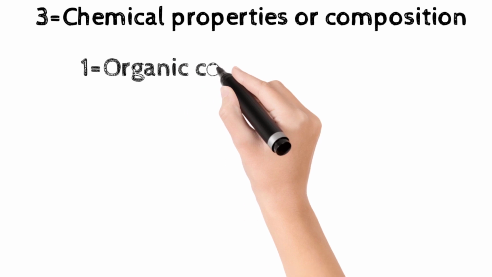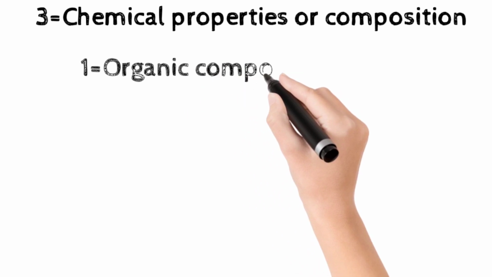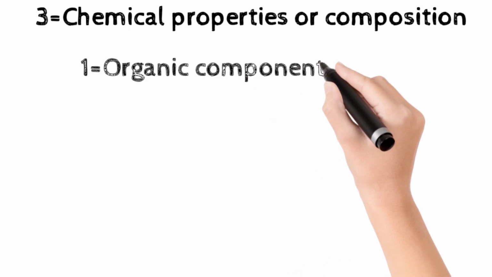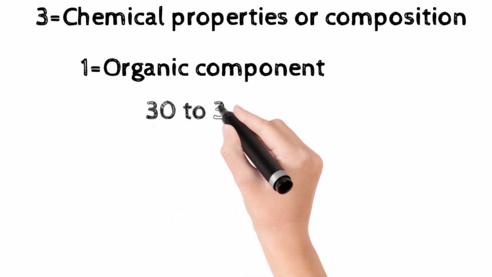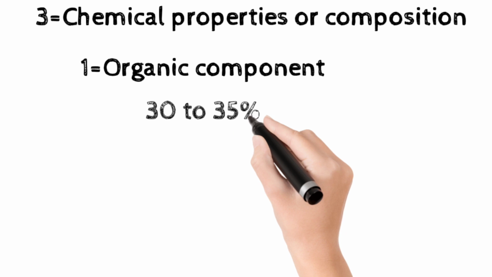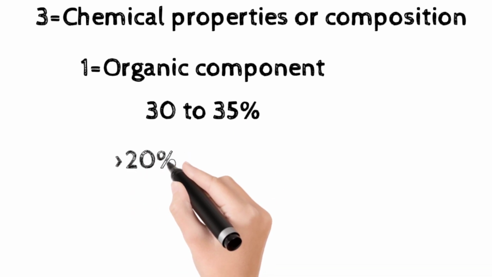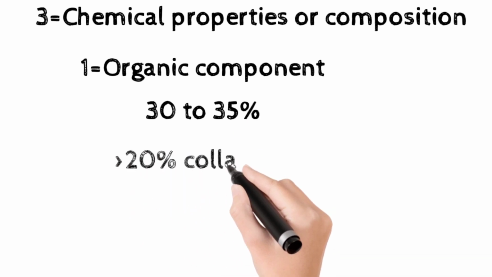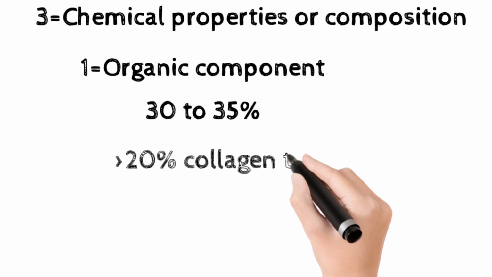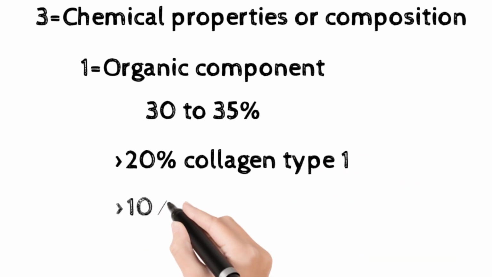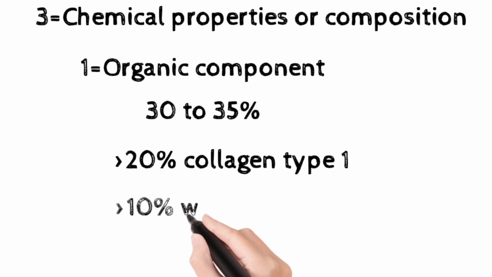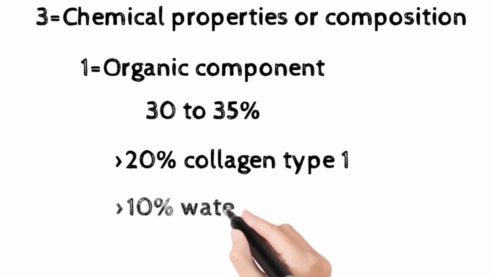By composition we divide the dentin into organic component and inorganic component. The organic component of dentin, percentage wise, is 32 to 35%. Of this, 20% is collagen type 1 and the remaining 10% consists of water.